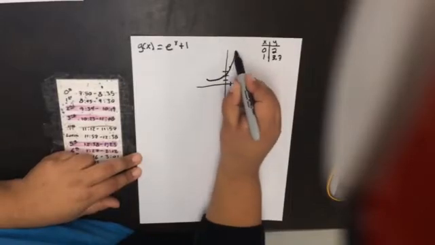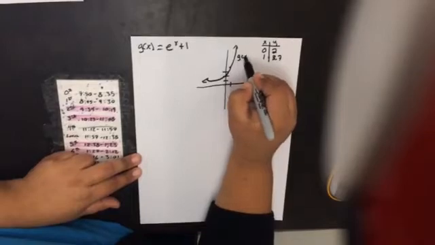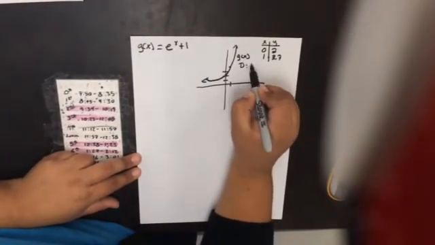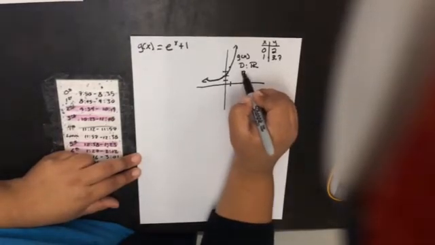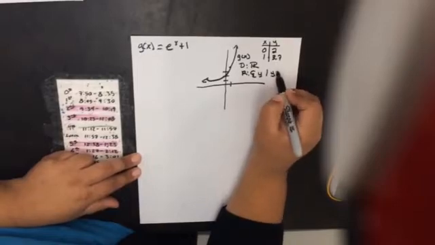So it looks something like this. The domain, once again, is all real numbers, and the range is all y's such that y is greater than 1.